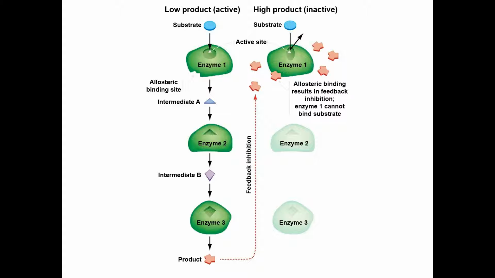It's producing enough that it remains under the radar. But when a cell starts producing too much of it, that's when this product can come in and bind to the allosteric site of the enzyme. It causes the active site of the enzyme to change its shape. It no longer is able to bind to its substrate, and the pathway for making the product is turned off.